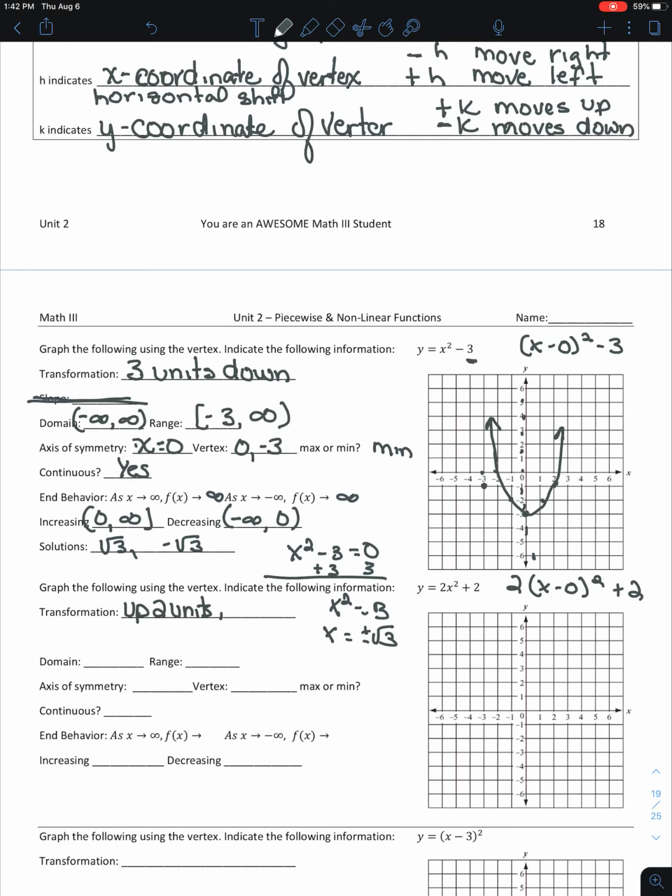And because a is 2, it's going to be a little more narrow. We call that a vertical stretch, because I'm going to make the graph a little more narrow, and this is stretching the y value. Our domain is the same.